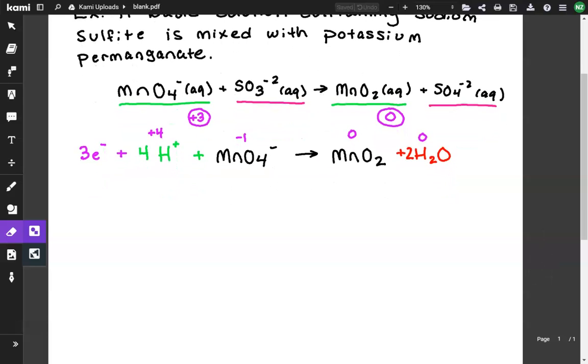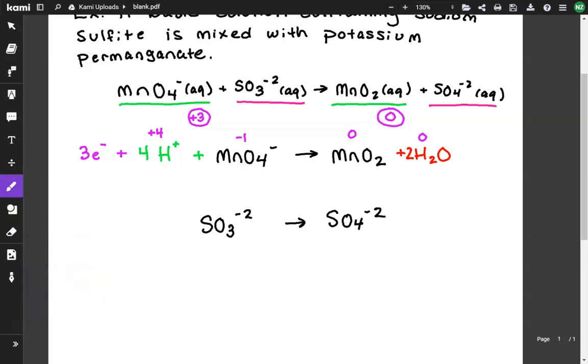Now let's do the second half reaction. The second half reaction deals with sulfur. So we have SO3 minus 2, and then we have SO4 minus 2. Sulfur's already balanced. So Cassie, what do I need to do next? Add an H2O on the left side.